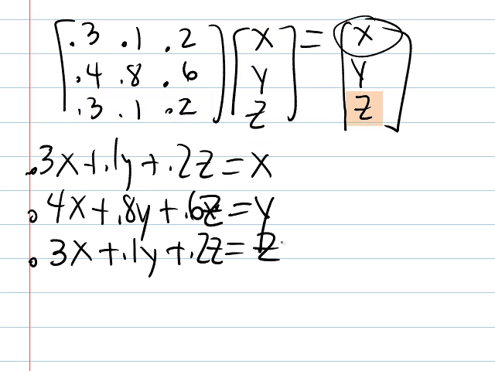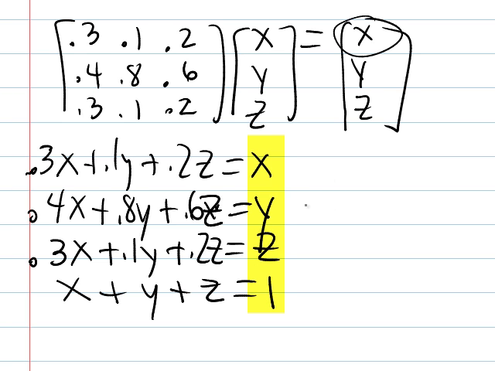We also want to have the numbers x, y, and z add up to 1 because these are going to be either proportions, percents, or probabilities. So they need to add up to 1.